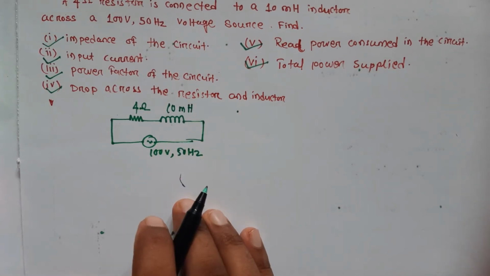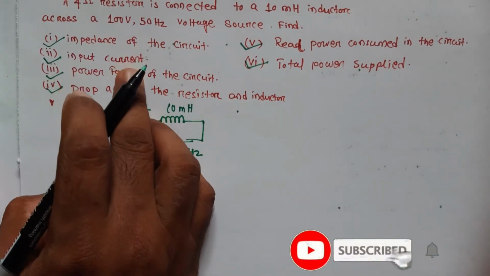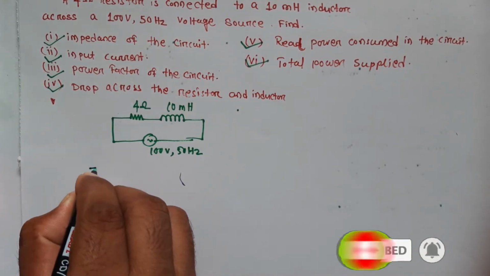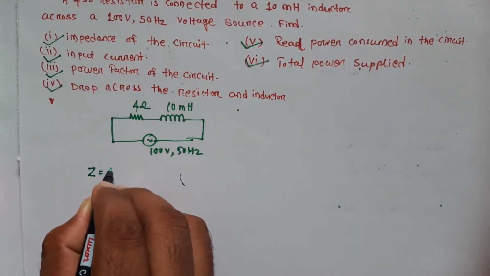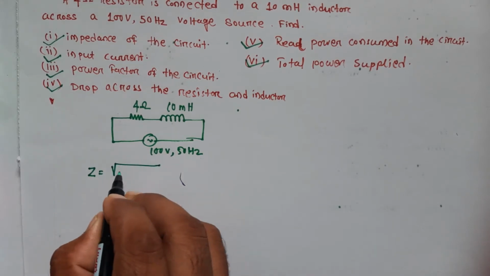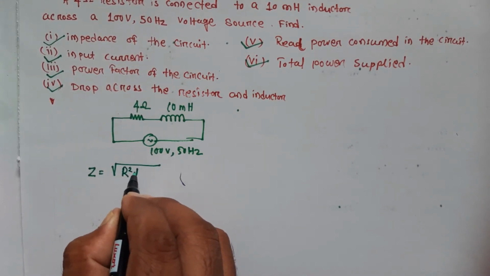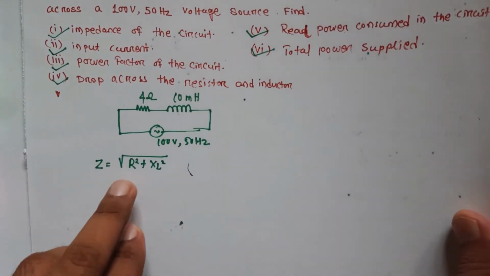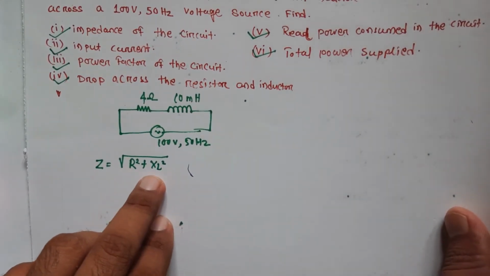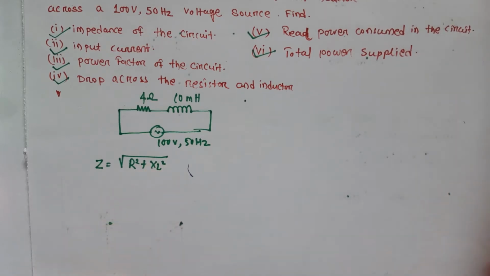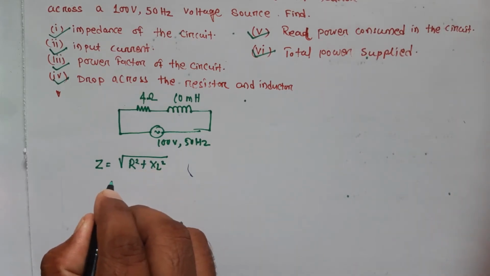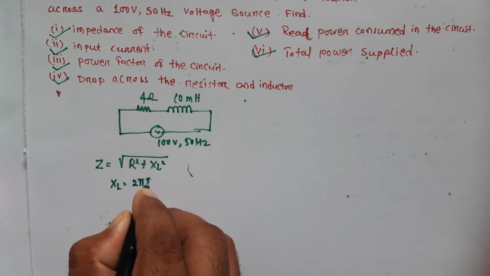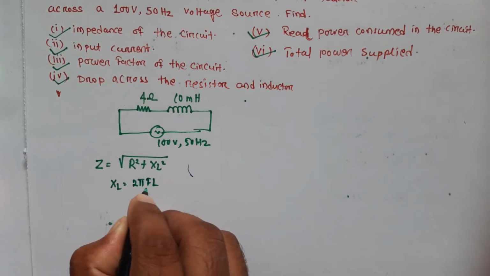Next we find the impedance of the circuit. We know that the impedance Z equals the square root of R square plus XL square. We know the R value, so we need to find the XL value. XL equals 2 pi F L, where F is the frequency.